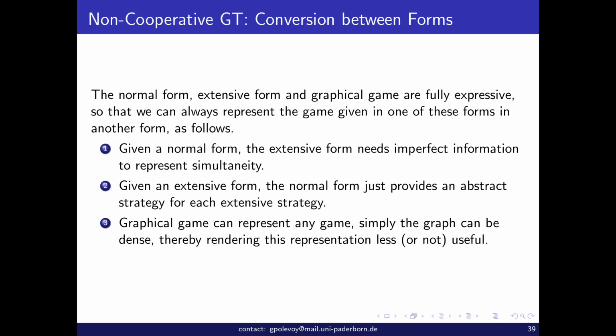So we can always represent the game in any of those forms. Basically, given a normal form game, the extensive form game just needs imperfect information to represent simultaneity, that you don't know how the other person has acted.